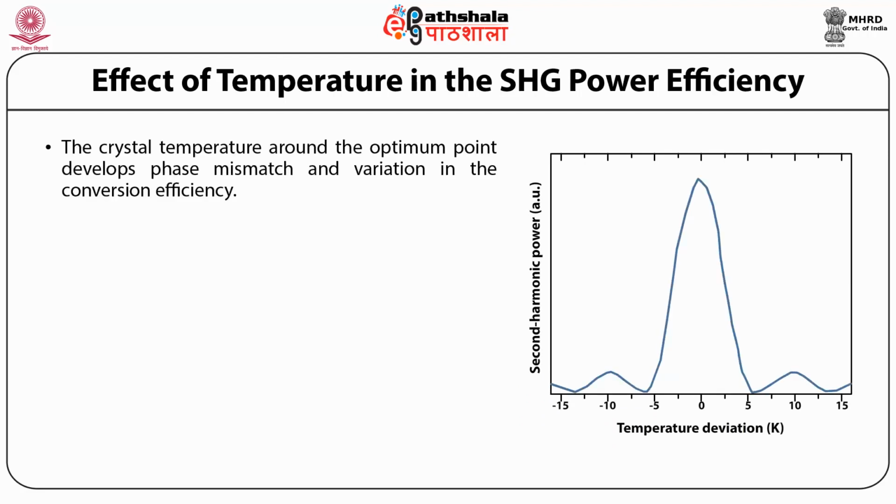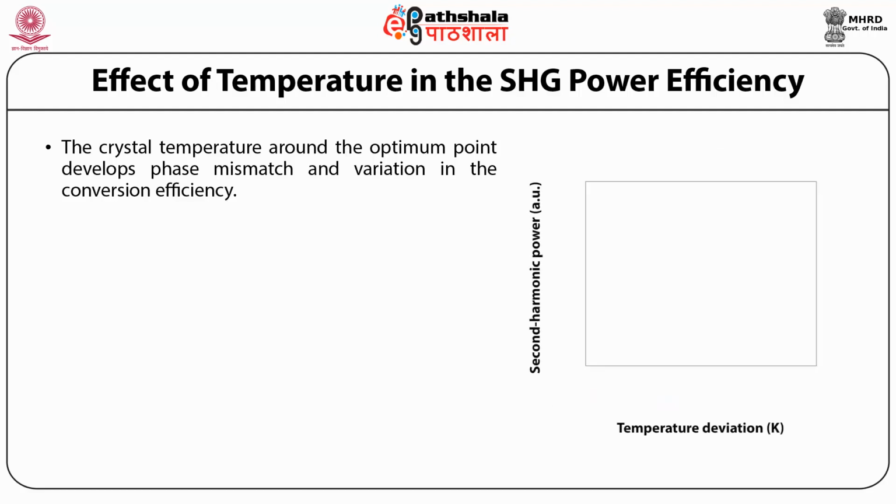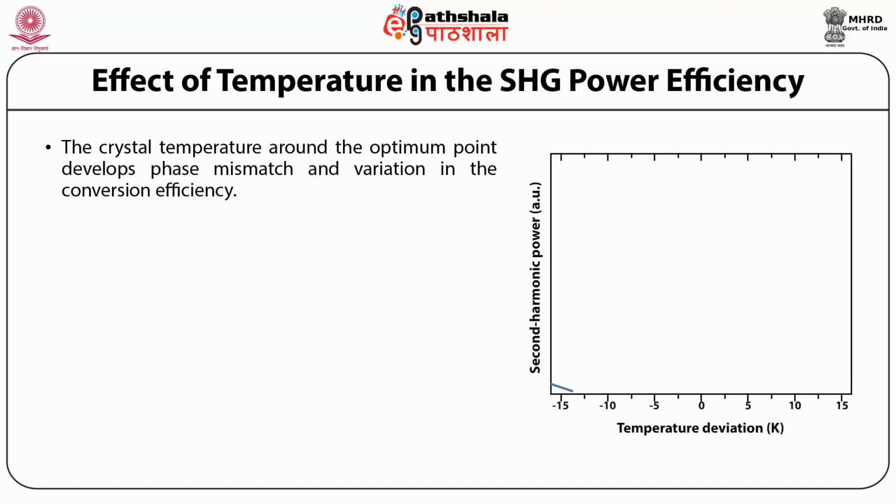Effect of temperature on the SHG power efficiency. The crystal temperature deviating from the optimum point develops phase mismatch and variation in the conversion efficiency. Figure 3 plots the second harmonic power versus temperature deviation from the optimum point with homogeneous temperature distribution in a crystal.